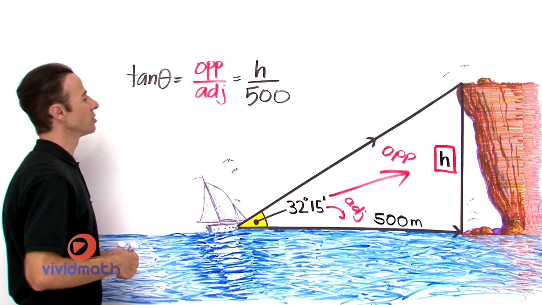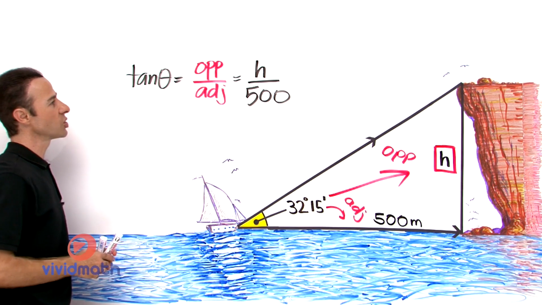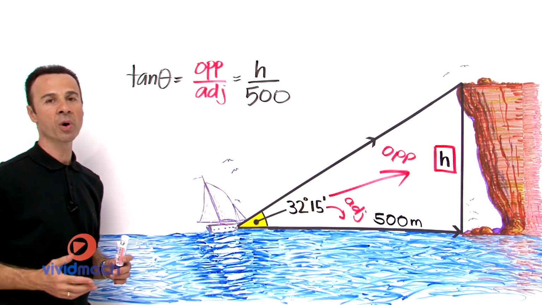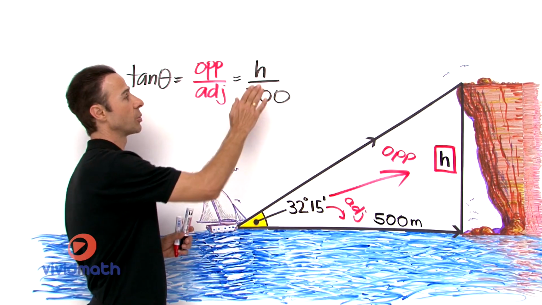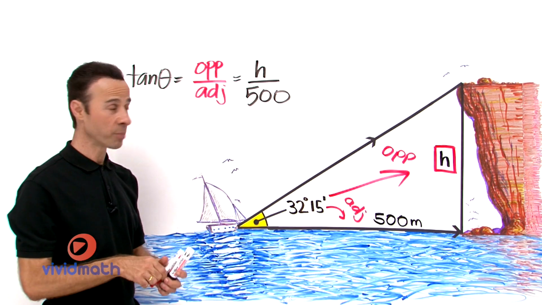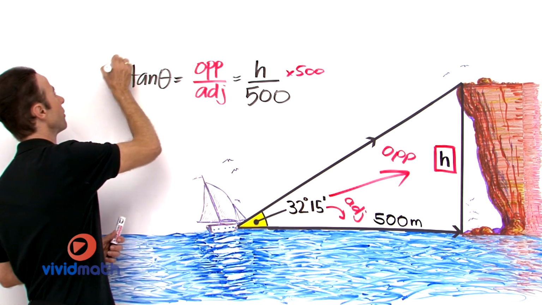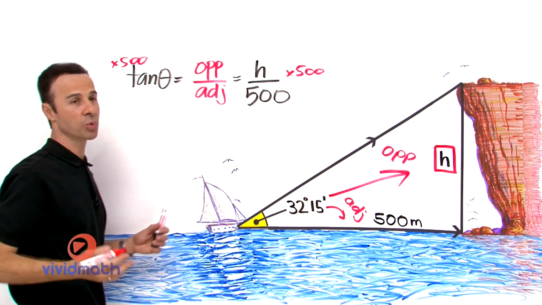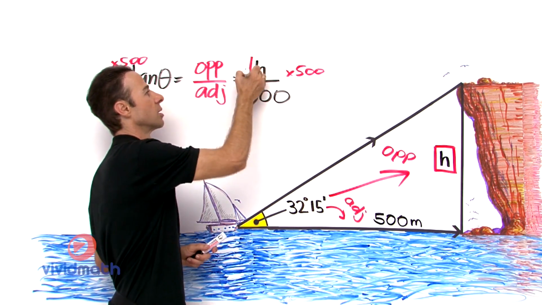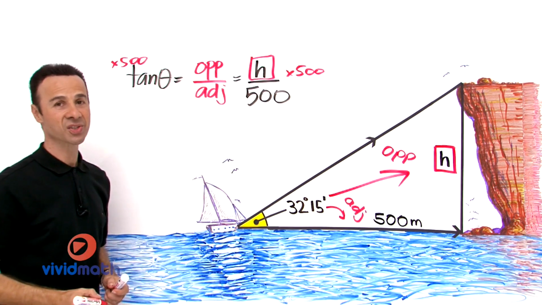Okay, now what we want to do is multiply both sides by 500, so we're left with h by itself. So I'm going to multiply by 500. Why? Because we're looking for h. We want that h all by itself.